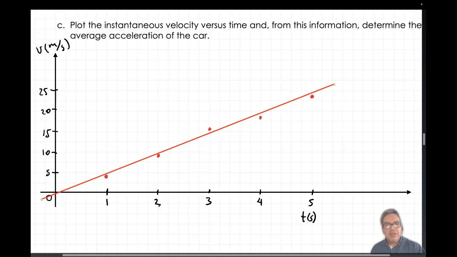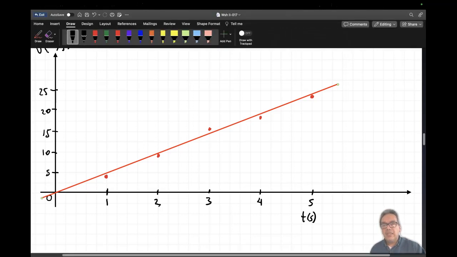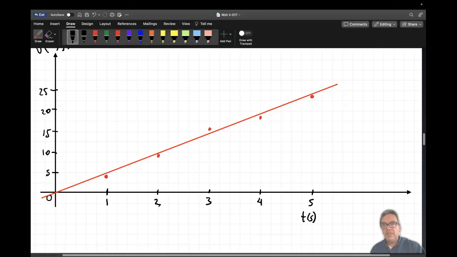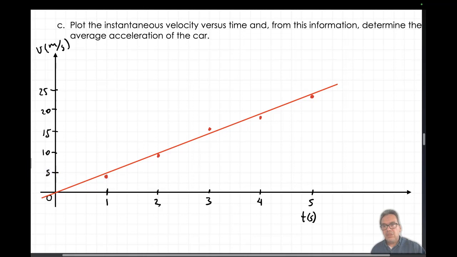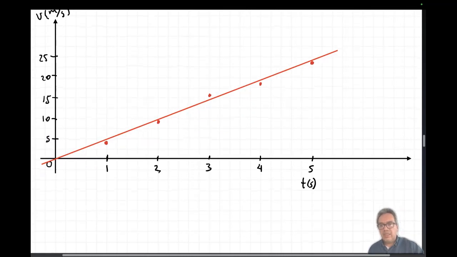And you can see that if you try to make it as close as possible to as many points as is reasonable, then it is very reasonable to say that the very first velocity that you have is actually 0. So that's going to be your answer for part D. This looks very much like the original velocity was 0.